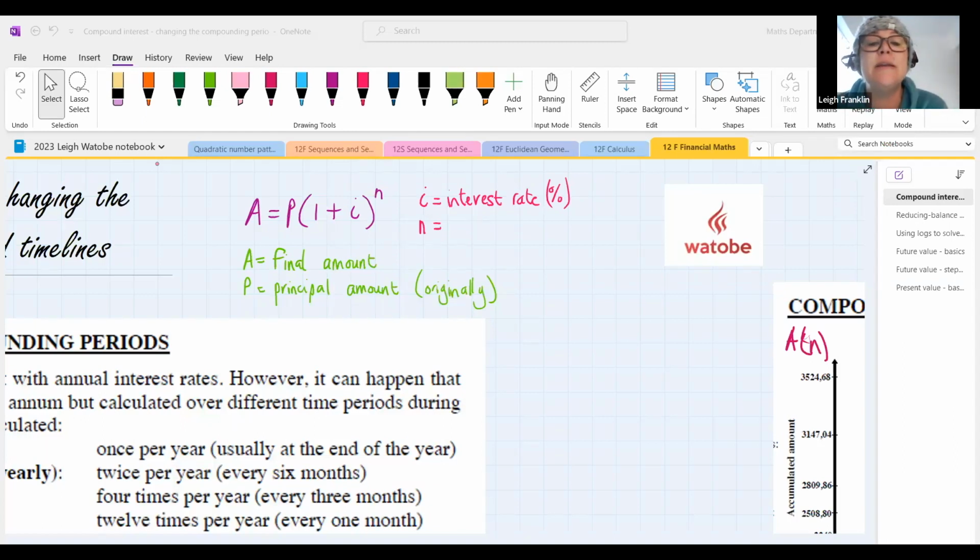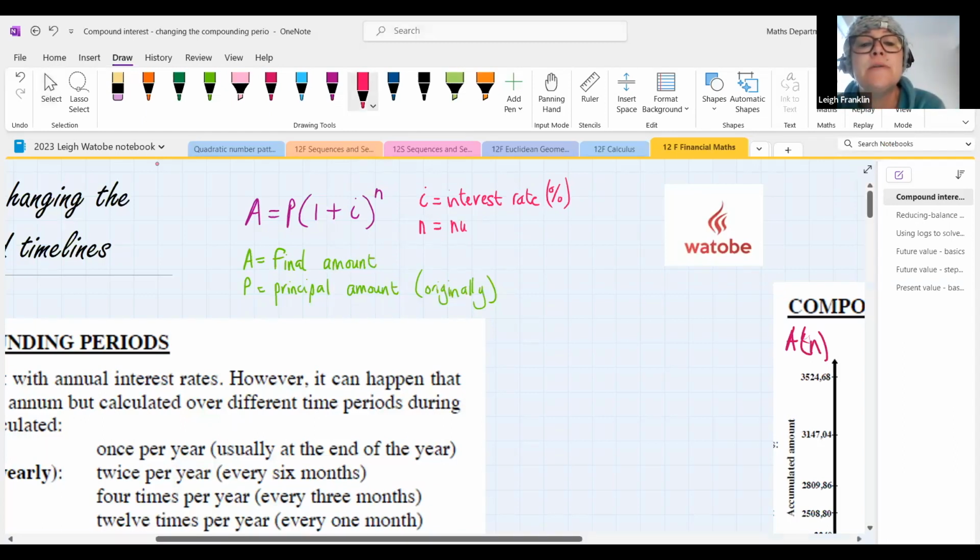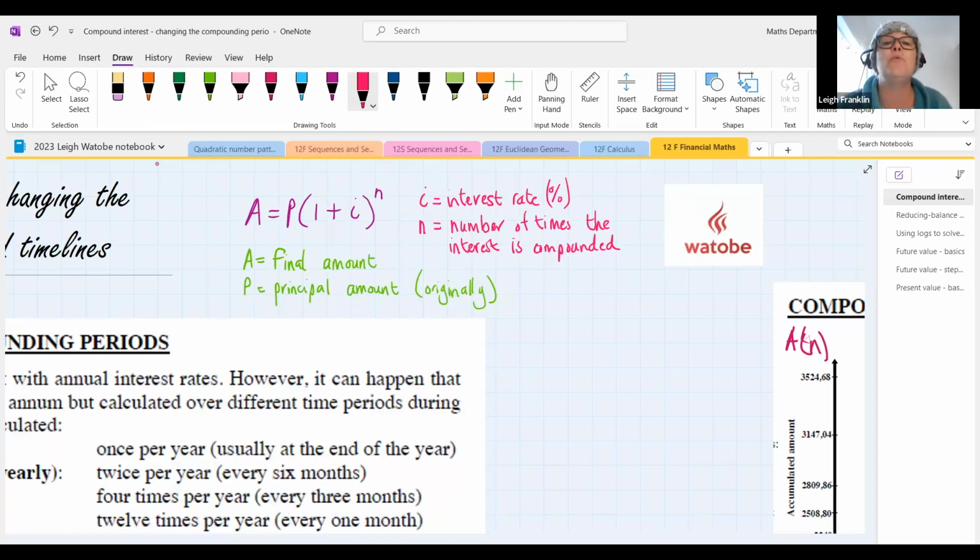It is the number of times the interest is compounded. That is very, very important.